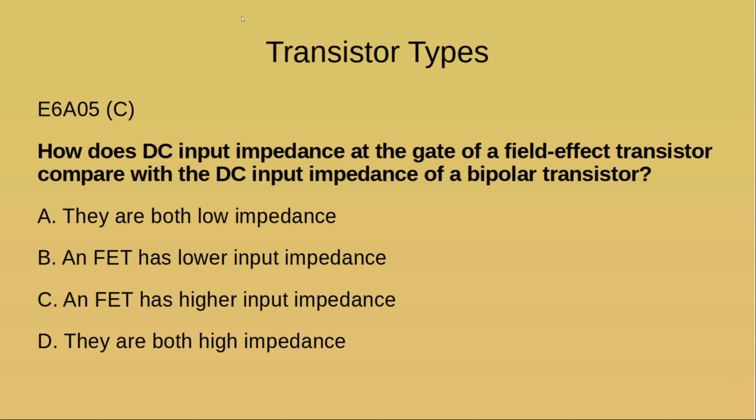How does DC input impedance at the gate of a field effect transistor compare with the DC input impedance of a bipolar transistor? So comparing field effect to bipolar, the field effect has a higher input impedance.